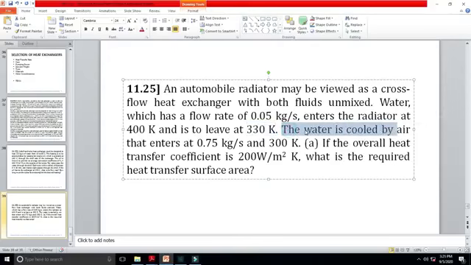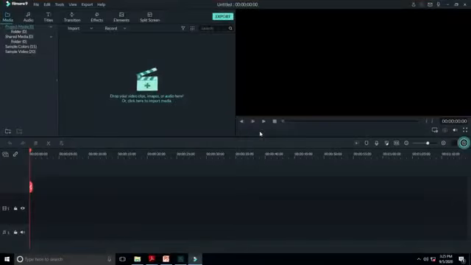So of course the water would be the hot fluid. So its temperature comes down from 400 to 330. So that would be THI, and this 330 would be TH outside, TH at exit.